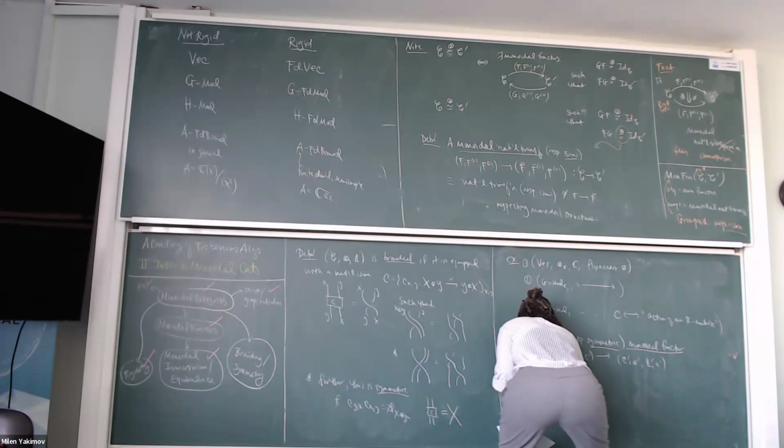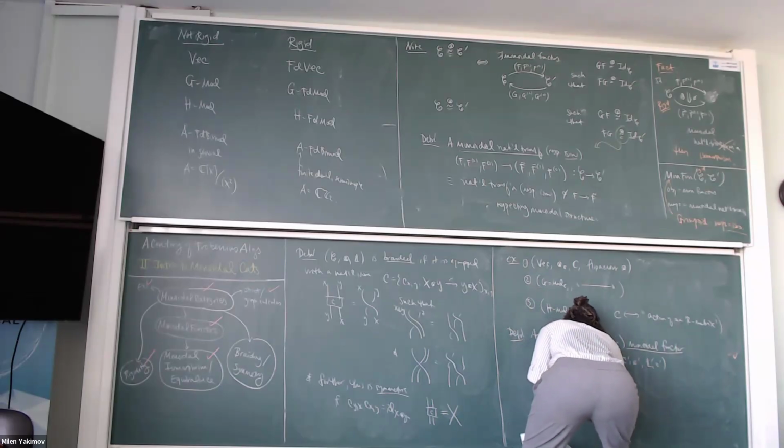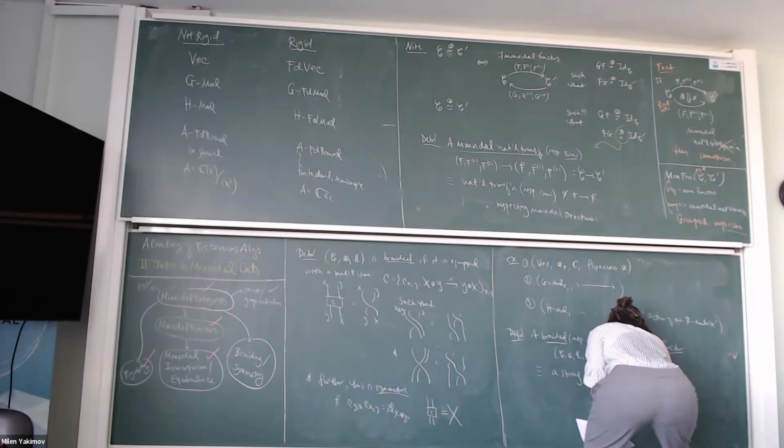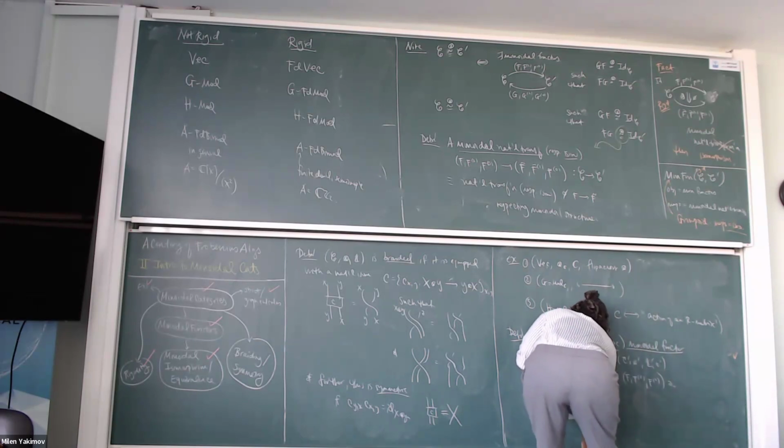So this is actually a strong monoidal functor F along with the data so that the grading is respected.